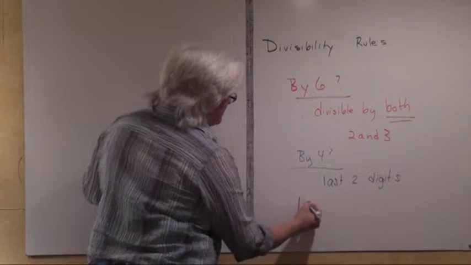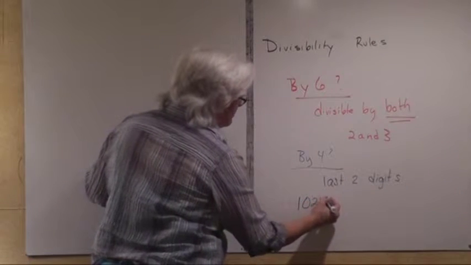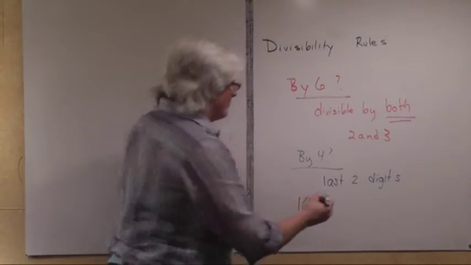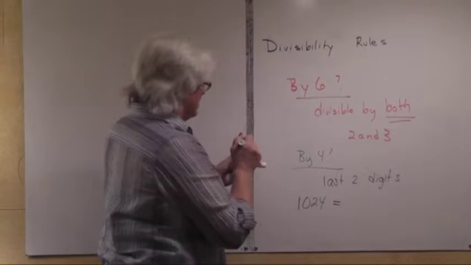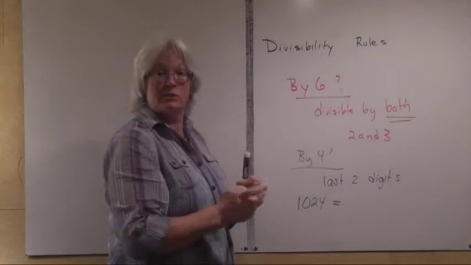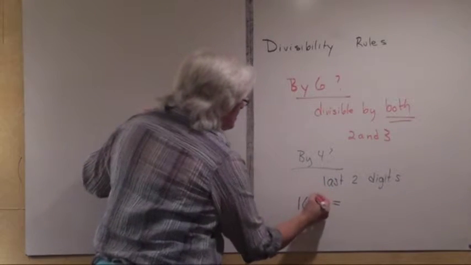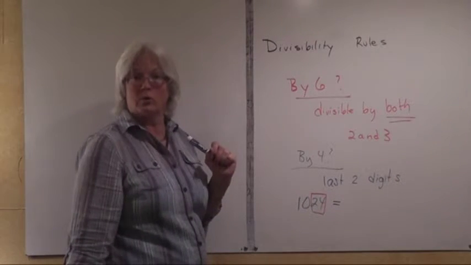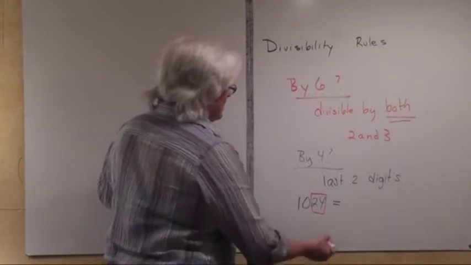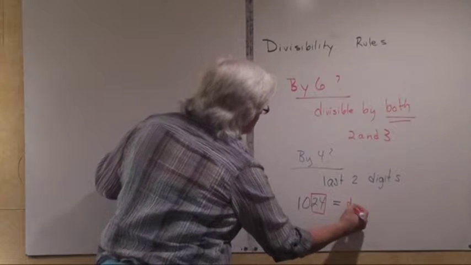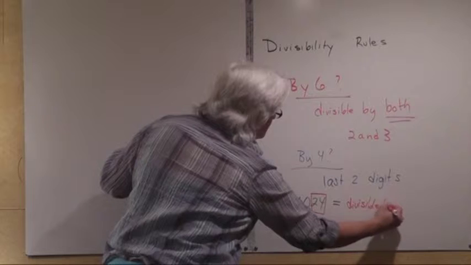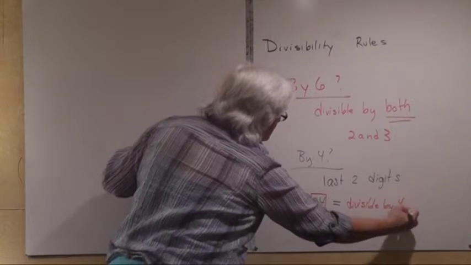For example, if you have 1,024, that is divisible by 4, because what you do is you look at the last 2 digits here. You look at 24. 24 is divisible by 4. 4 times 6 is 24. So 1,024 is divisible by 4.